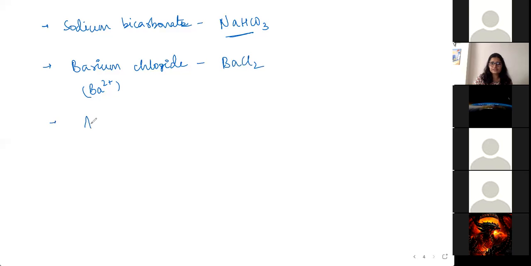What is the name of this compound? If you're figuring out the name in this process, once you know what ions are there in this, you'll get the name. Aryan's the first one to answer. You got it?